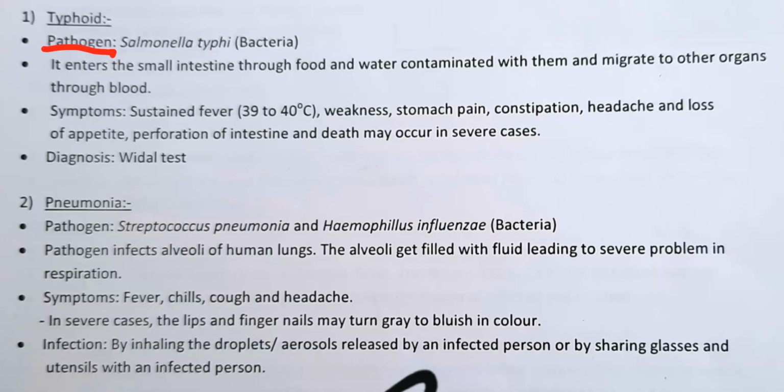That's a prime target. Symptoms: the person is suffering from sustained fever, 39 to 40 degrees Celsius persistently, weakness in the body, stomach pain, constipation, headache, loss of appetite. These are the symptoms from mild to severe category. They will be seen in the patient's body.